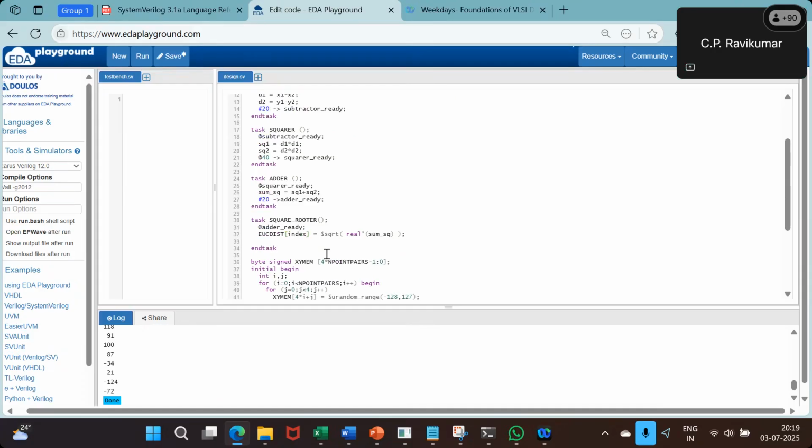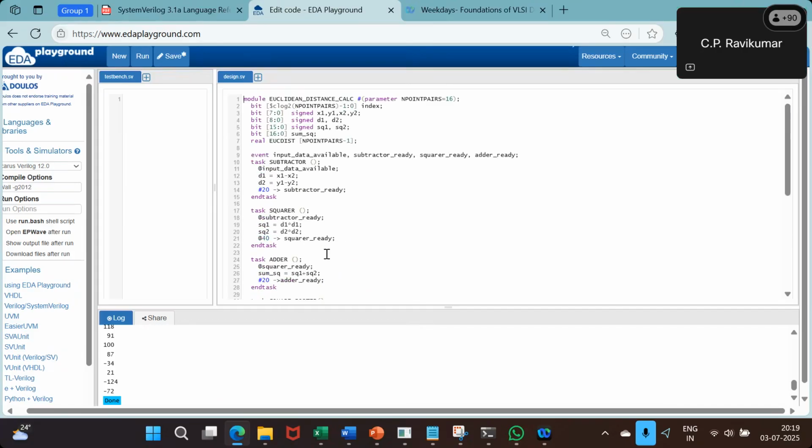And then finally, this will come back and say, let us say this takes 60 nanoseconds. We'll say square rooter ready. Okay, so square root ready is also an event.